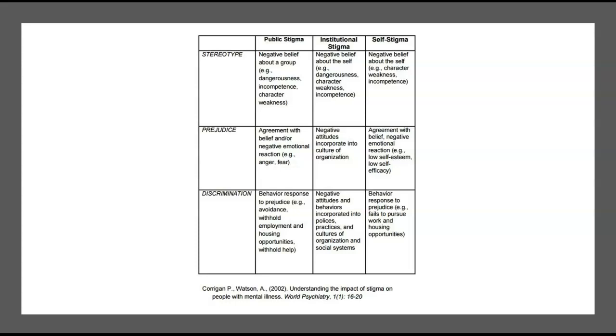So when you have a negative prejudicial attitude towards a particular group, in this case people with mental illness, that would come associated with emotions such as disgust, anger, and fear, as opposed to more positive feelings associated with empathy.